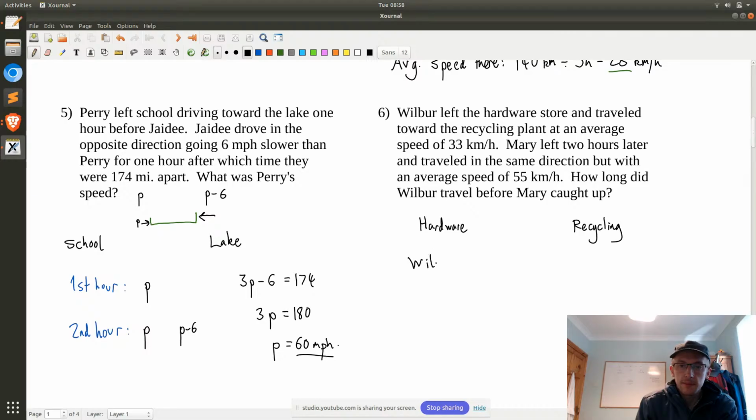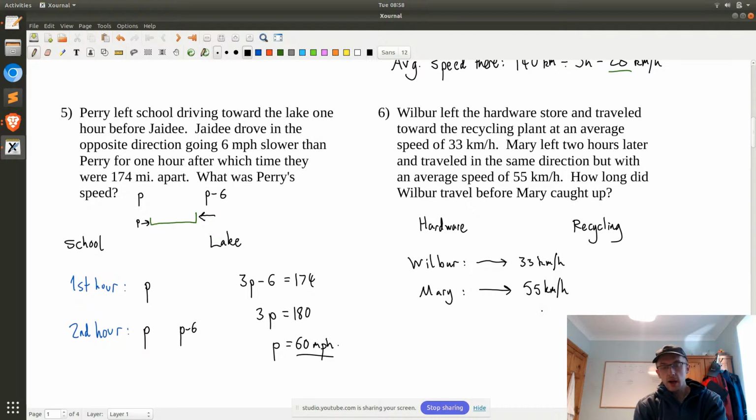Okay. He's going that way. Mary left 2 hours later and traveled in the same direction, but with an average speed of 55 kilometers an hour. How long did Wilbur travel before Mary caught up?